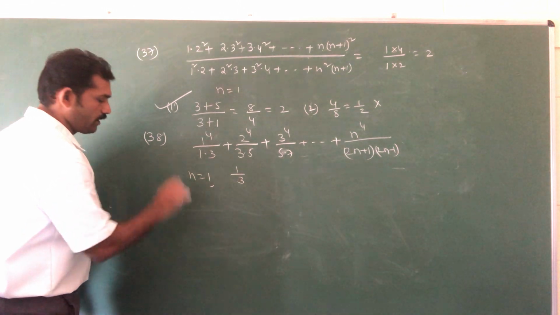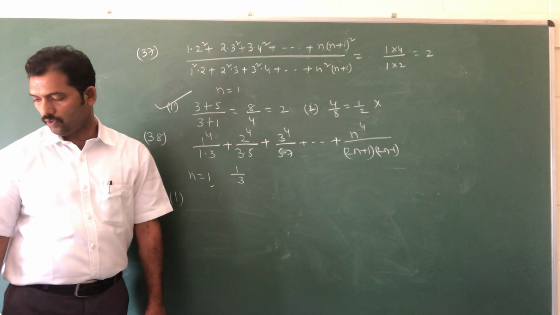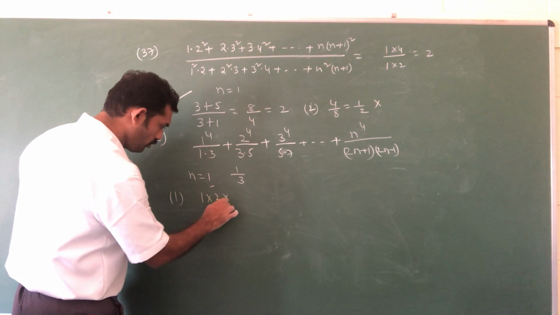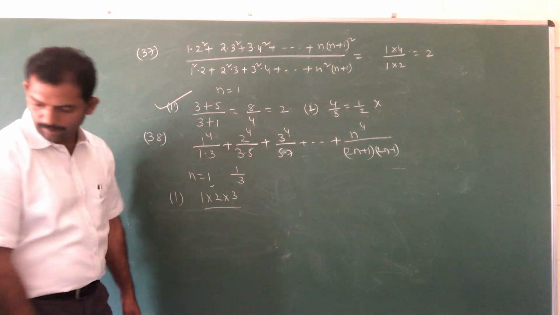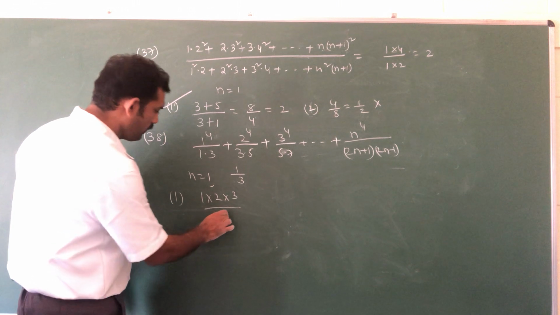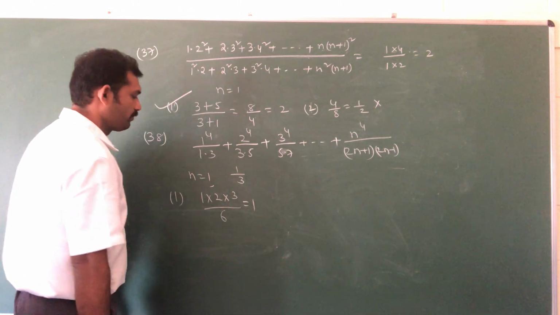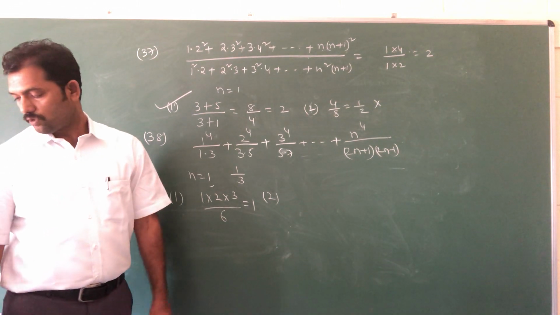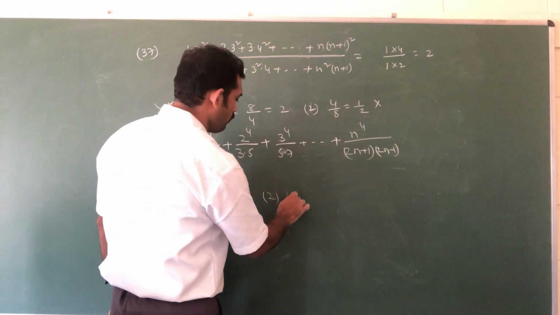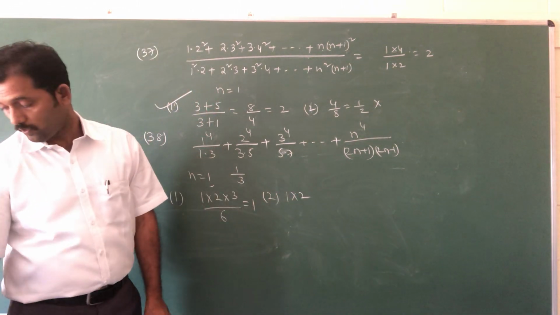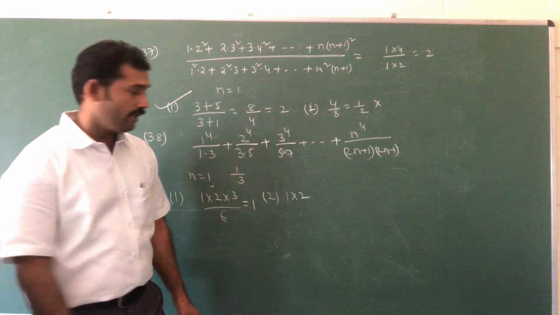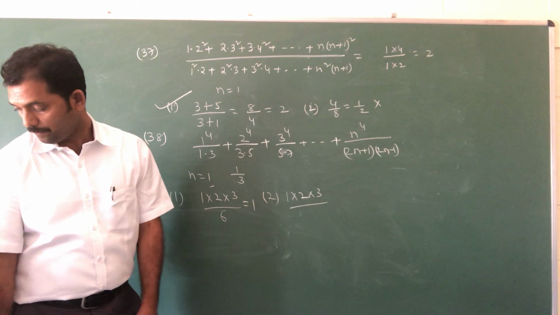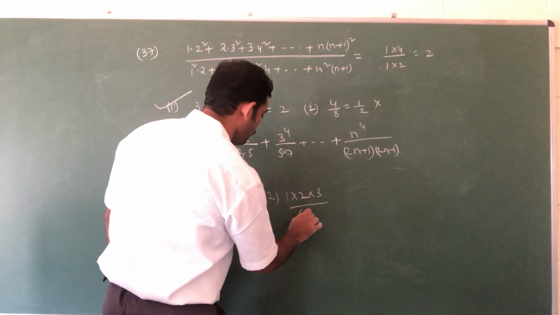See the first option. n is equal to 1, substitute. What happens? 1 into 2 into 3 divided by 6 into 1 means 6. So we are getting 1. In the second option, 1 into 2, n is equal to 1, substitute, 1 into 2, so that is 3 divided by 6 into 3.